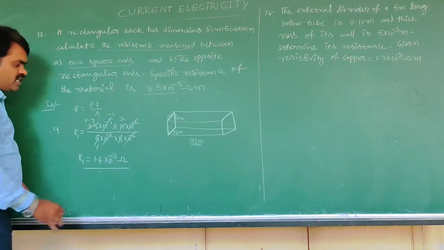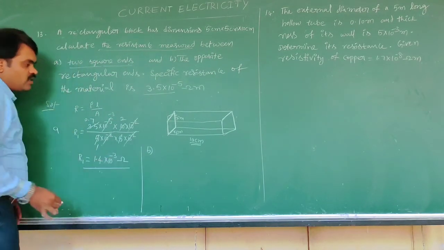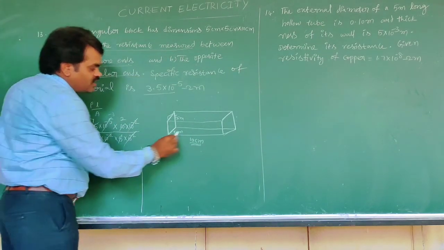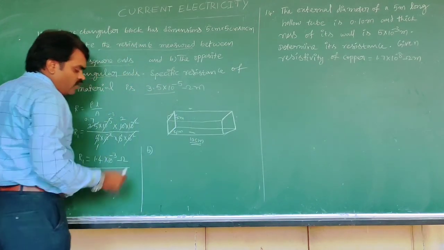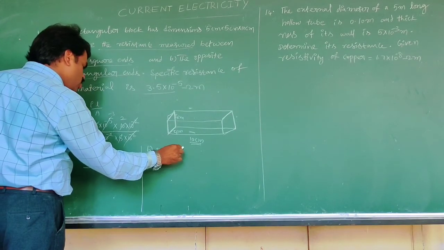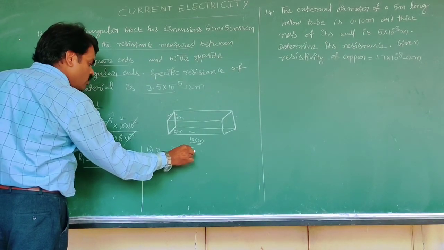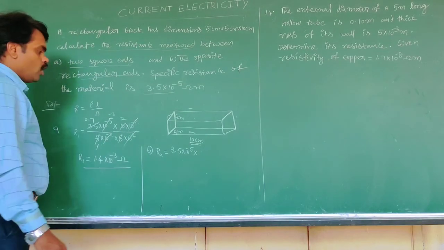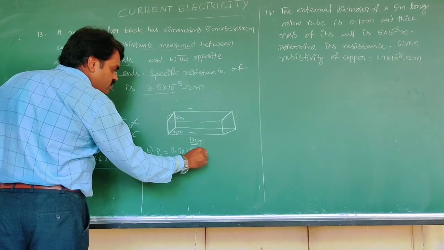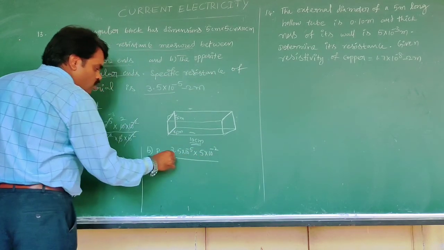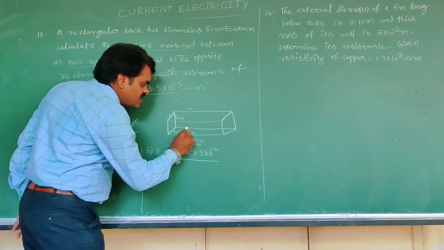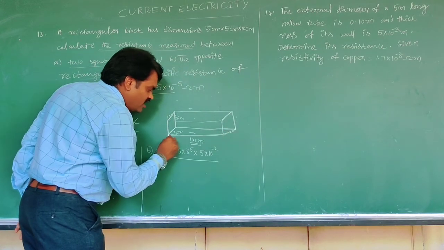Now question B is asking about the resistance of the opposite rectangular ends. This is the rectangular end. For the rectangular end, the formula is R2 is equal to rho, 3.5 into 10 to the power of minus 5, into the length, which is 5 centimeters, 5 into 10 to the power of minus 2, by the area of cross section, which is 10 into 5.